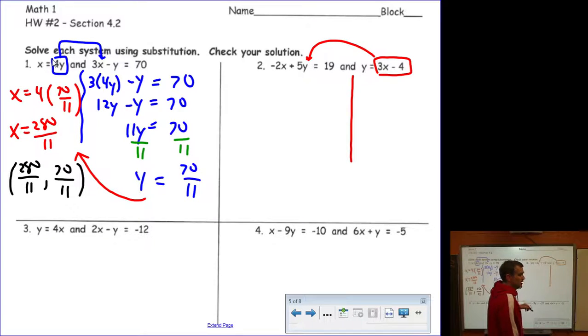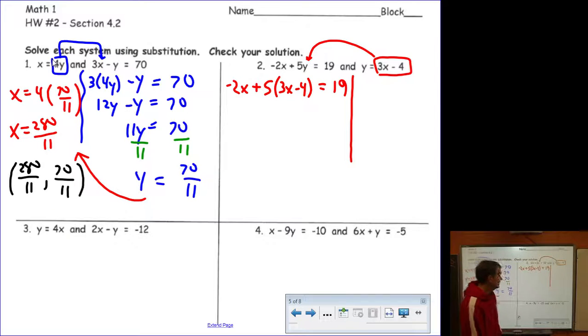And I'm going to rewrite the other equation as negative 2x plus 5 times 3x minus 4 equals 19. And so I replaced the y with 3x minus 4, right? And now I can take that equation and solve it for x.